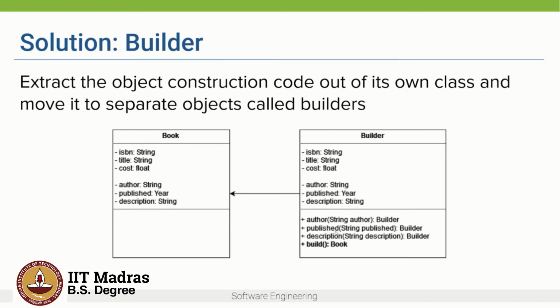The published method is nothing but the method which initializes the published field, and the same for description. So for each of the optional parameters, we have additional methods, right, which initialize those fields, and we have a build method which finally builds the object and returns a book.